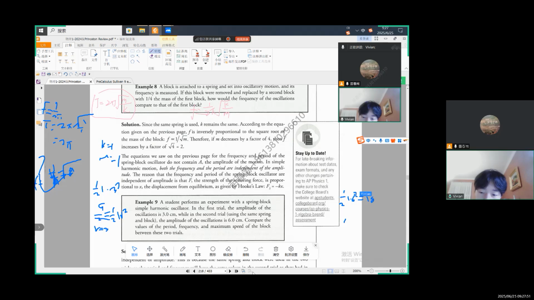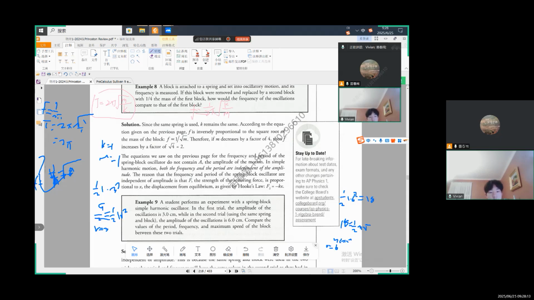And 18 equals 1/2 mv squared. 2 times 18 equals 36 equals v squared. V equals 6. So the velocity doubles, and everything else stays the same.